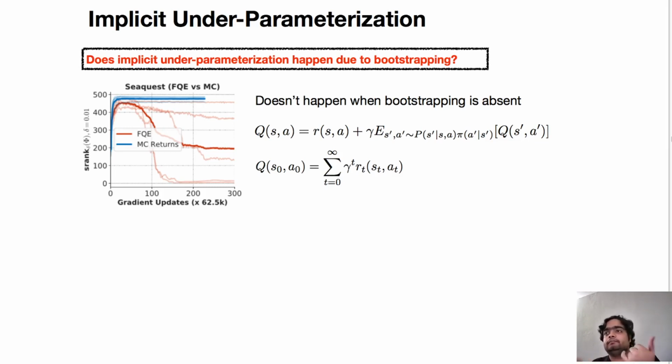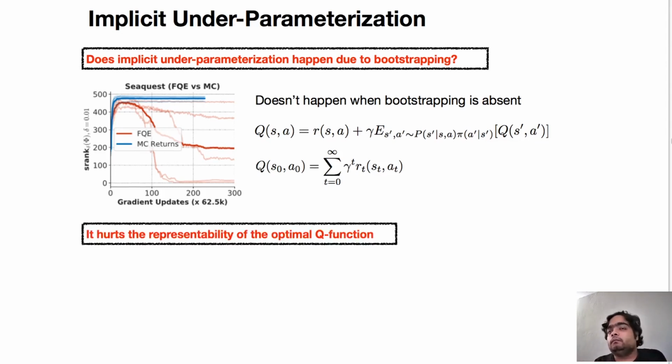So you devise a Bellman consistency operator, and you do Q-learning style updates using that operator. It turns out that when you do fitted Q evaluation using the bootstrapping operator, the rank drops way quicker than when you do Monte Carlo evaluation, where the rank is pretty much close to the ceiling, which is near 500. So that's a pretty interesting sign that bootstrapping is a primary cause behind this rank collapse phenomenon.